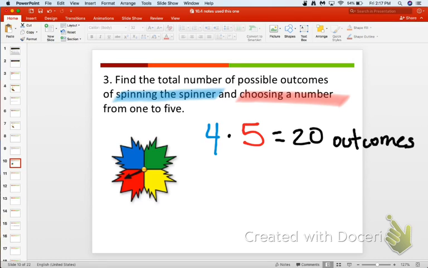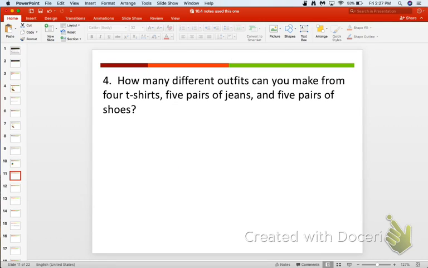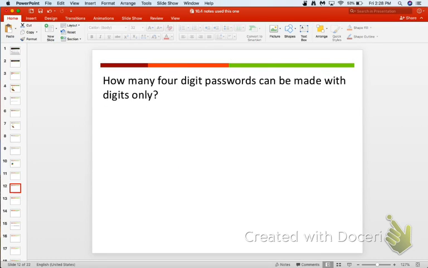Let's try another one. All right, let's look at this one. How many 4-digit passwords can be made with the digits only? Now, this is actually a really interesting question.